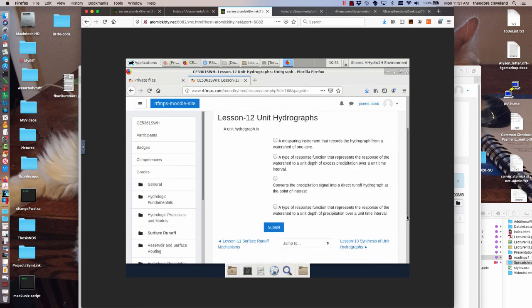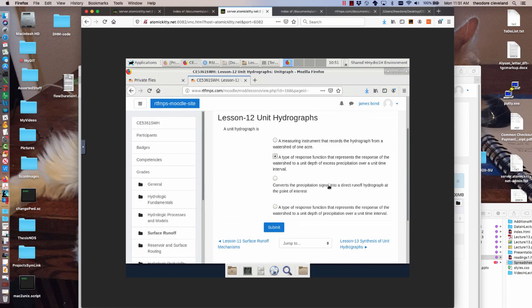Now has a question: what is a unit hydrograph? A measuring instrument that records the hydrograph from a watershed of 1 acre? Well, no. Unit hydrograph is not an instrument in the physical sense. A type of response function? Well, that sounds kind of right. It's a response function. Represents the response to a unit depth of excess precipitation over a unit time interval. Yeah, that sounds pretty good. Let's look at the other two just in case.